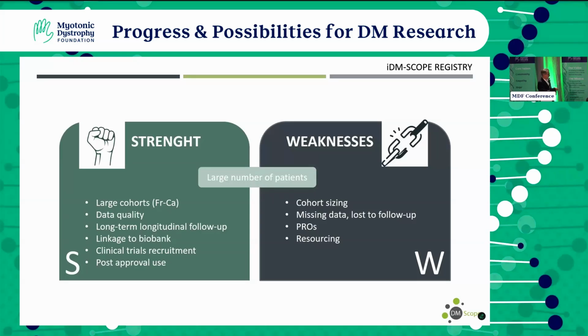So we are happy having some data quality, long-term longitudinal data, and linkage to biobank and to other tools. I will present very briefly 2 examples of that. What we would like now is, of course, to reduce the amount of missing data, with hundreds of participants, and to increase and include PROs.